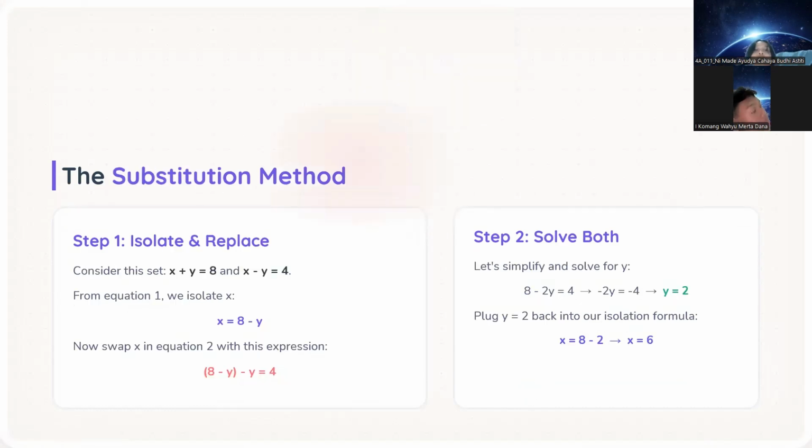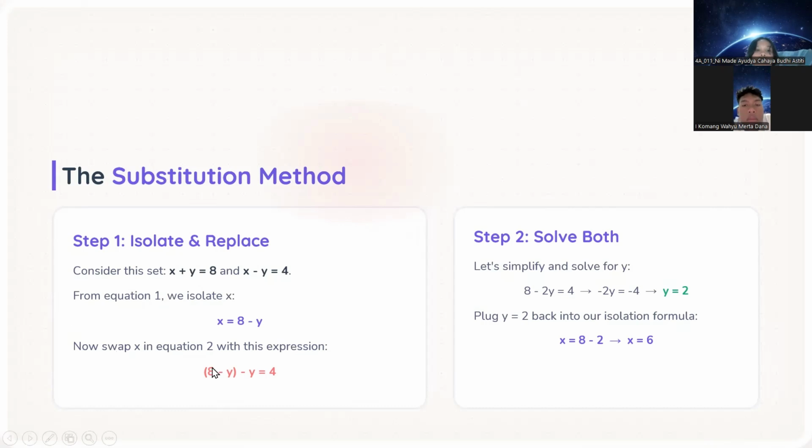Next, we have the second method, which is the substitution method. So, consider the equations x plus y equals 8 and x minus y equals 4. From the first equation, we substitute x into the second equation.